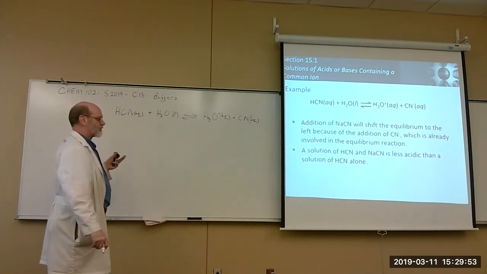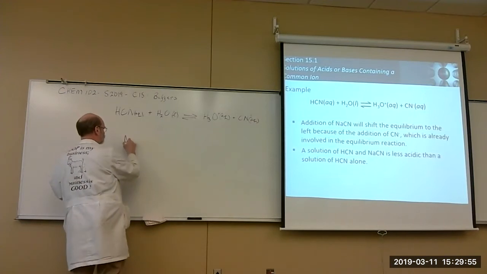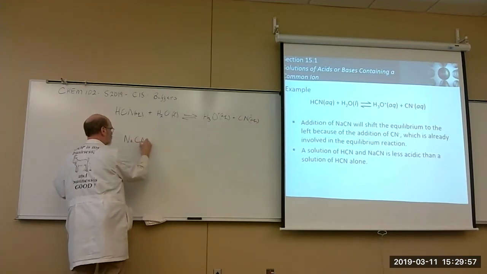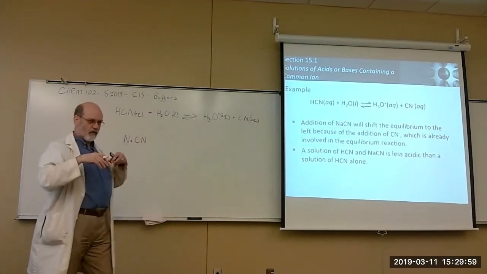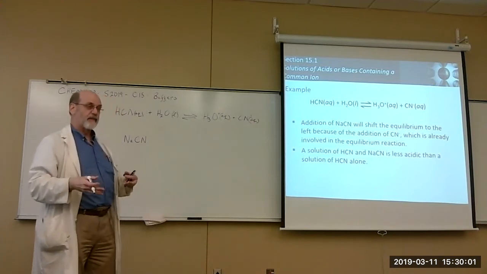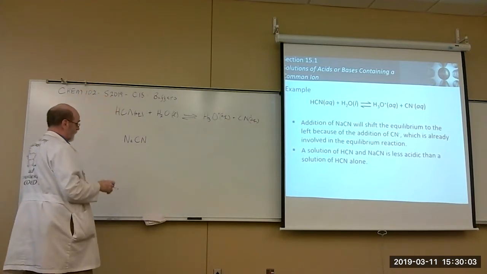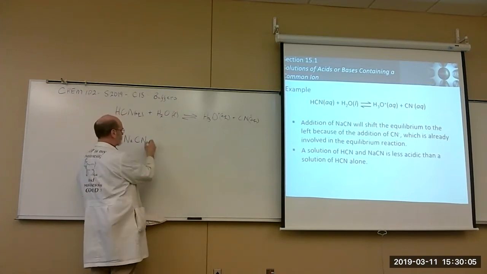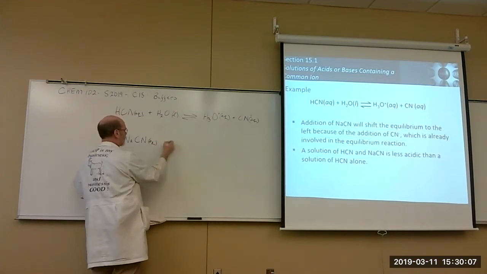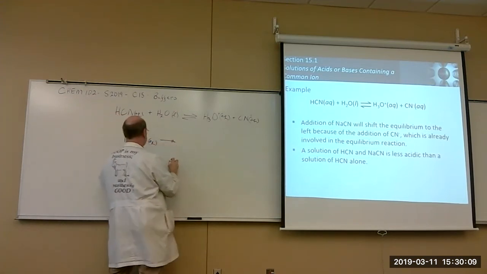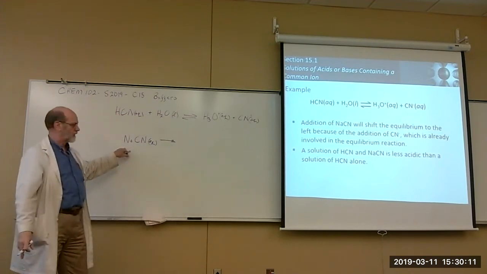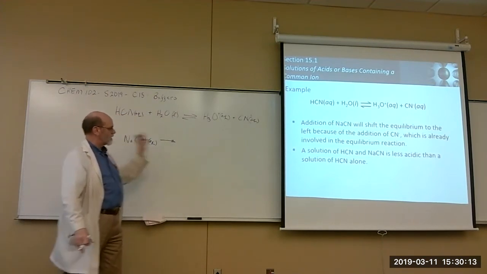And if we add sodium cyanide to that mixture, what ion are we adding? What ions, as a matter of fact, are we adding? So if it's aqueous, then it's going to produce, and this is completely soluble, so everything that's here ends up over there.